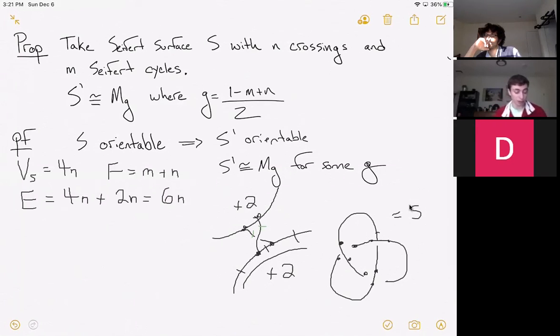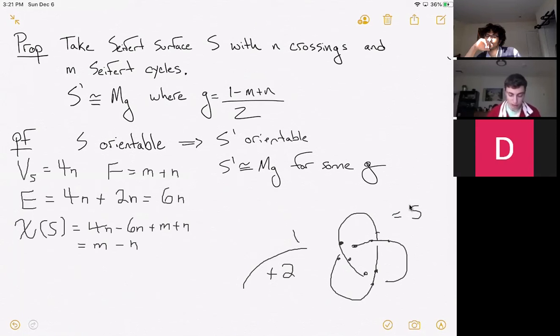So with this information, we can compute the Euler characteristic of S, which is simply 4n minus 6n plus m plus n, which is equal to m minus n. Excellent. Now I'm going to erase this to give myself a little bit more space. Now we're basically halfway there.